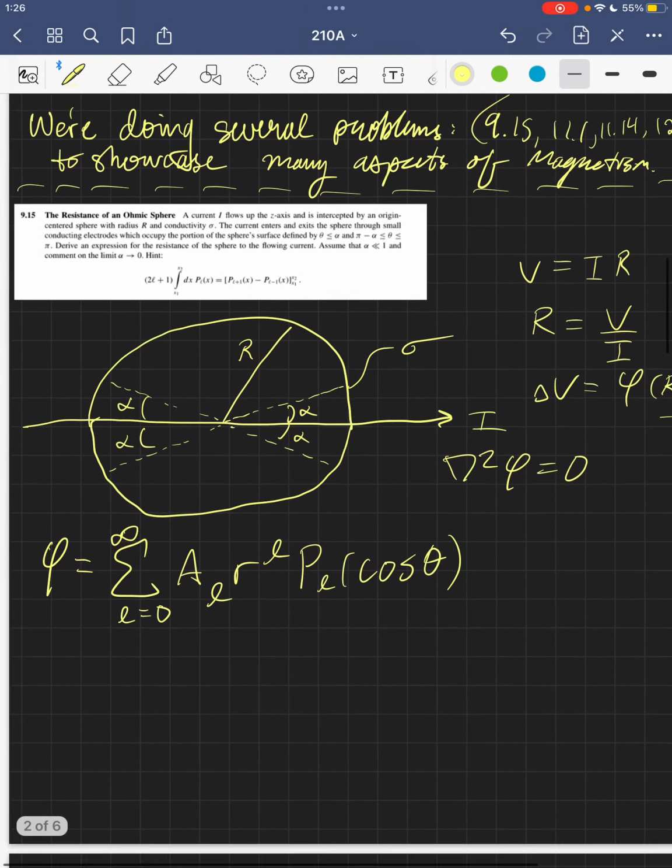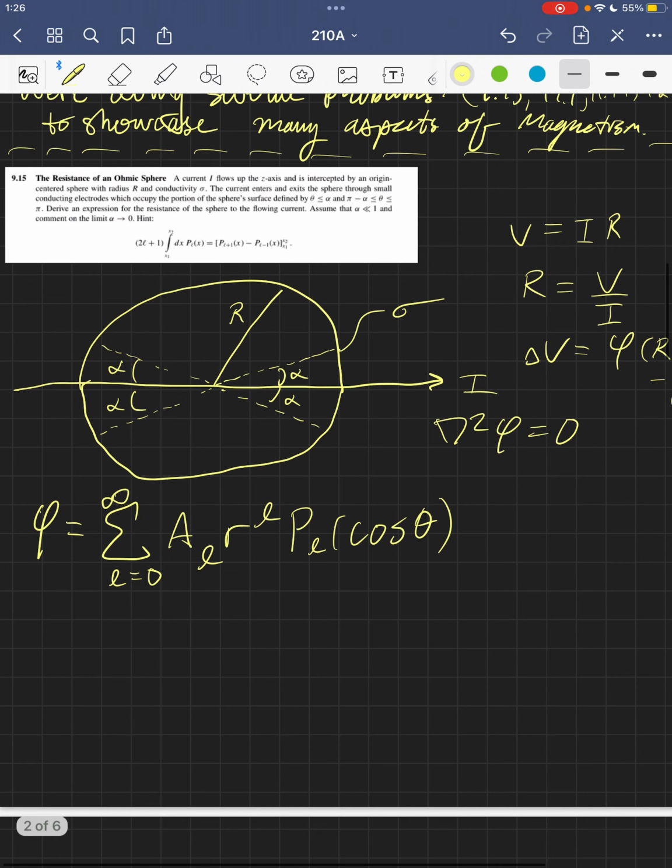So we also have the electric field, and the boundary conditions here have to do with our electric field. Okay. And that's because we have our current. So the electric field at R, for example, is always going to be 0 except for when theta is not in the electrodes.